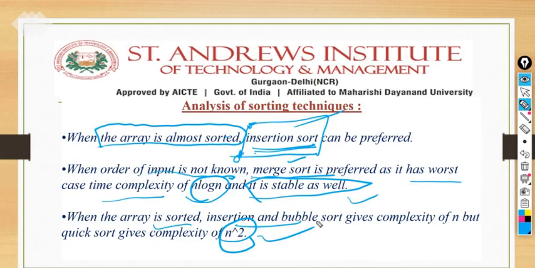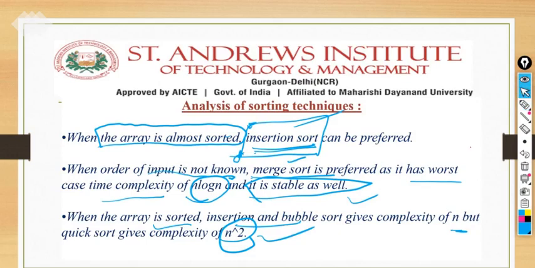So in case of quick sort, mark this point, you have to trace it out, like whether the array is sorted or not. If it is sorted, insertion and bubble sort will give you the complexity of n, but quick sort increases that complexity, and it will be n square. So these are the key takeaways regarding sorting techniques.